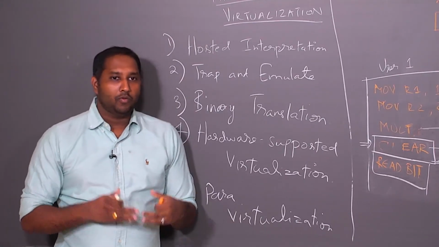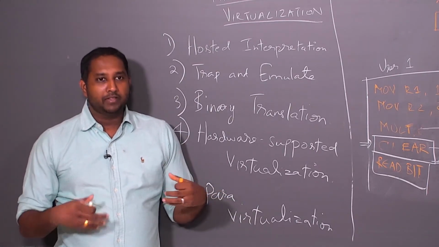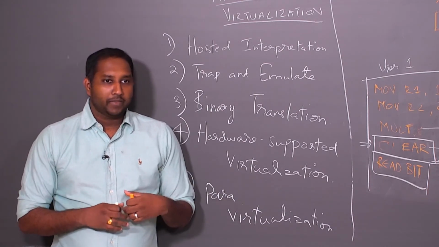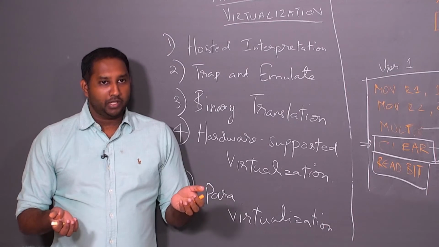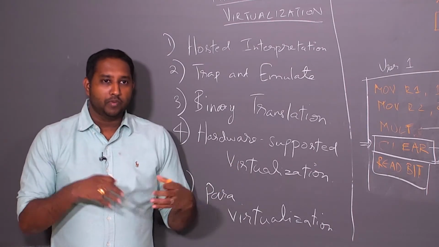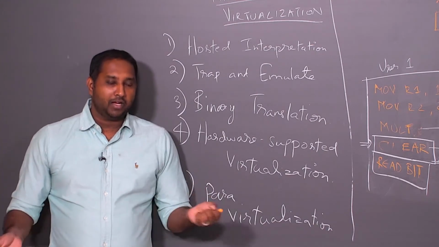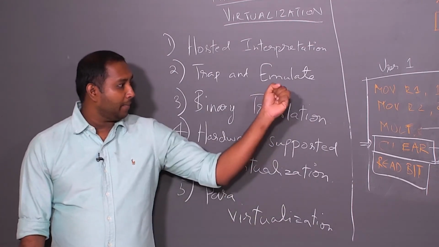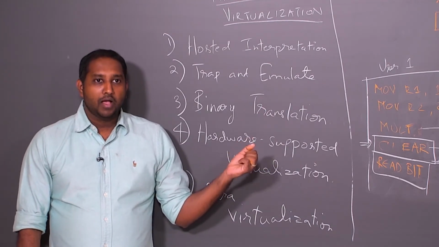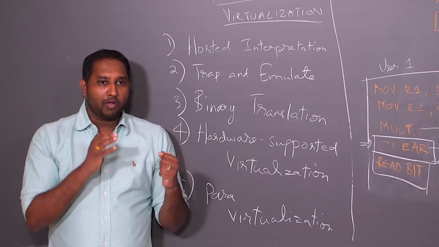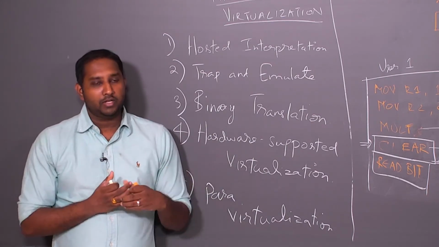Why do we want to keep up with this illusion that the OS is running on top of the hardware? What if we didn't have to provide that illusion? And the answer is that if you can rewrite the OS to work with the hypervisor instead of directly with the hardware, you can have big performance gains versus trap and emulate or binary translation. Because you can now directly say, instead of asking hardware to do something, we're going to ask the hypervisor to do it, and it turns out that's very efficient.